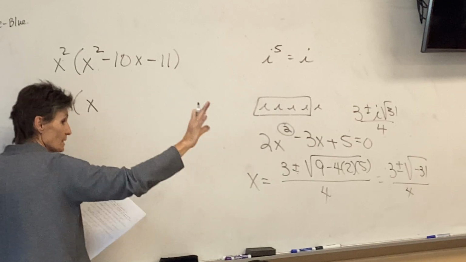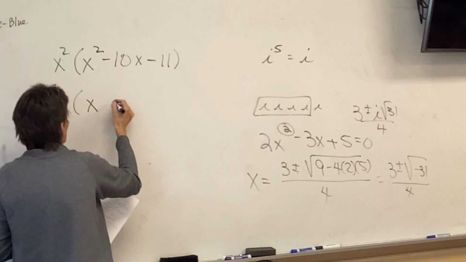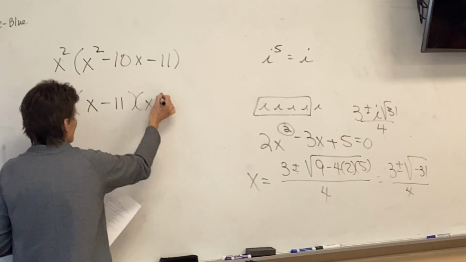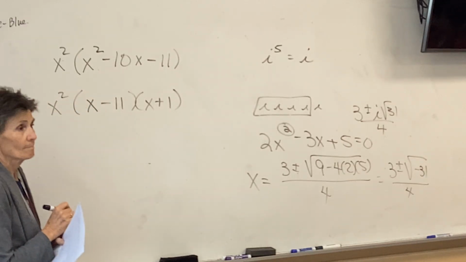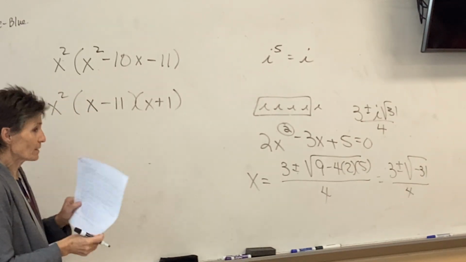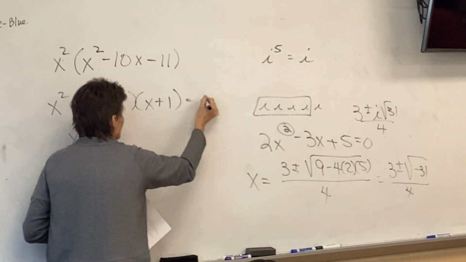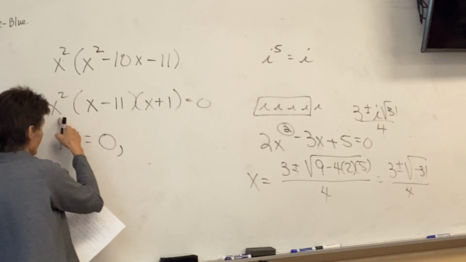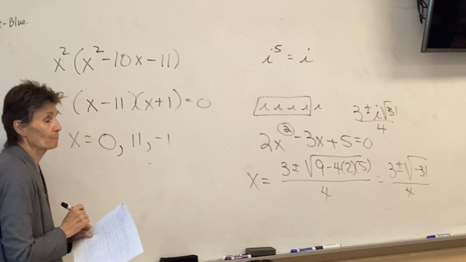Do you see anything over there? x squared times x minus 11 plus 1. And then remember, the directions say solve. So what does x equal? x equals 0, 11, or negative 1.